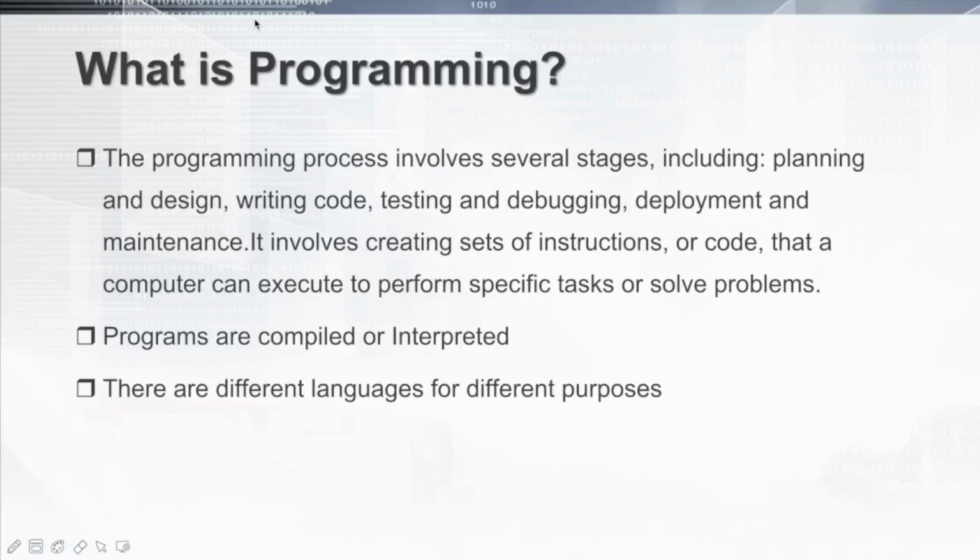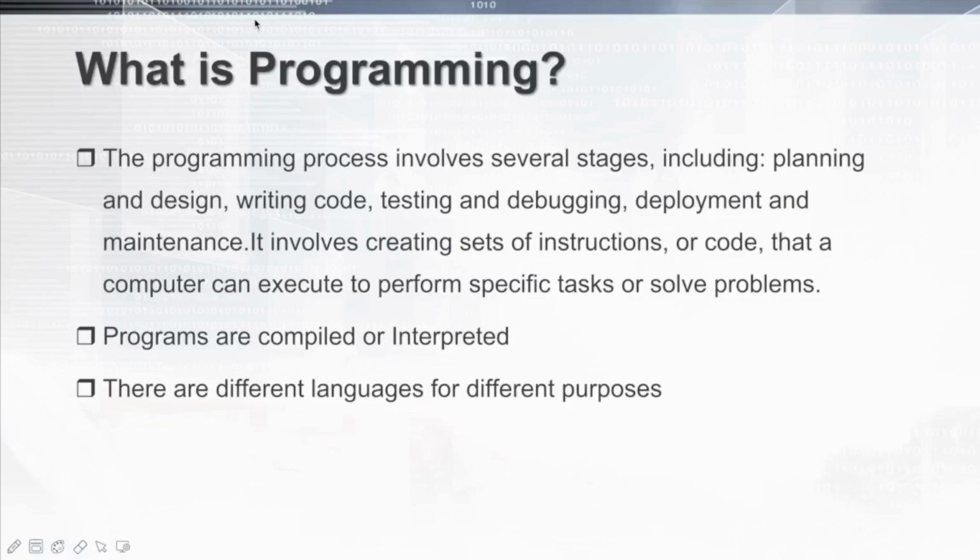In programming we have things like mobile application development, a set of languages that are used to develop applications for mobile phones. So we have languages like Java, Kotlin, and so on that are used to develop applications for mobile phones.